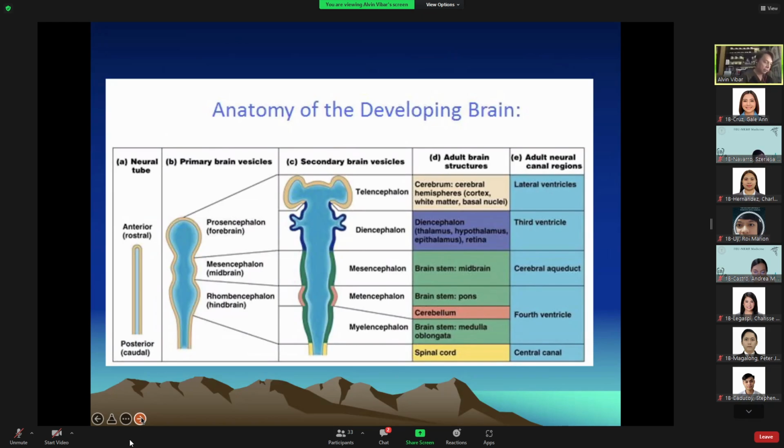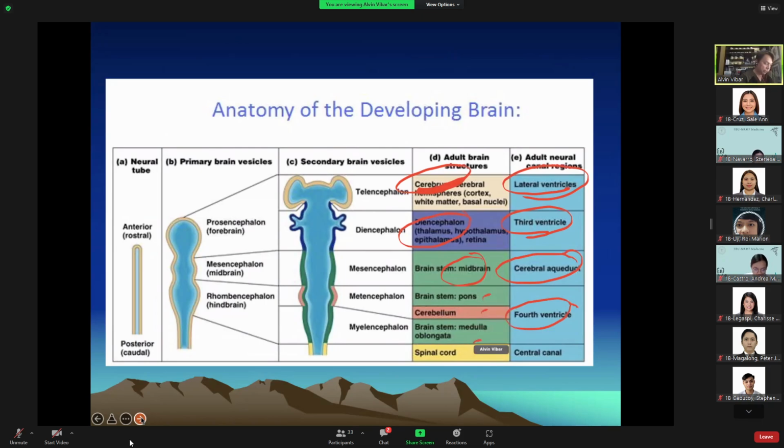Okay? And these are the spaces. Whenever you encounter the lateral ventricle, associate it with the cerebrum; third ventricle with the thalamus; cerebral aqueduct with the midbrain; while the fourth ventricle is the common space for pons, cerebellum, and medulla oblongata.